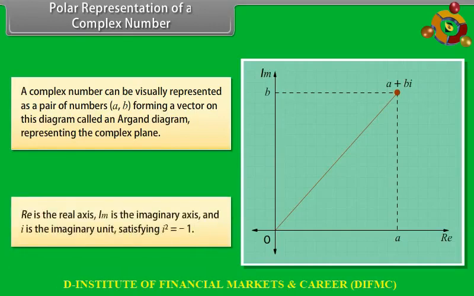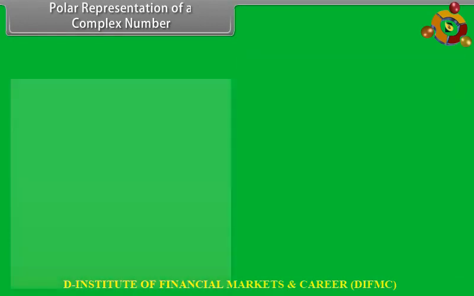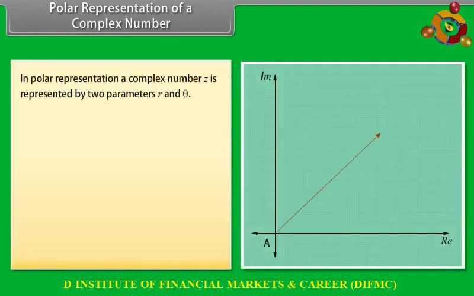RE is the real axis, IM is the imaginary axis, and iota is the imaginary unit, satisfying iota square is equal to minus 1. In polar representation, a complex number z is represented by two parameters, r and theta.